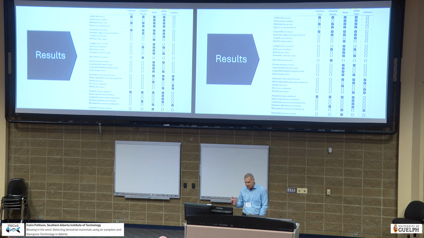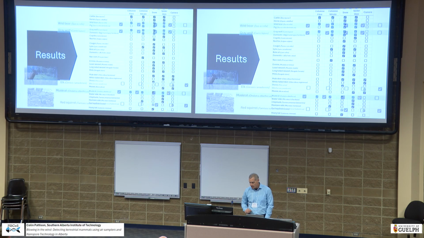The DNA concentrations were really low, only about 0.1 nanogram per microliter. Overall, we produced about 35,000 reads that were classified to mammals. I'm showing this to highlight that the snow and spiderweb samples gave us more detections than any of the other filters that we'd set up.